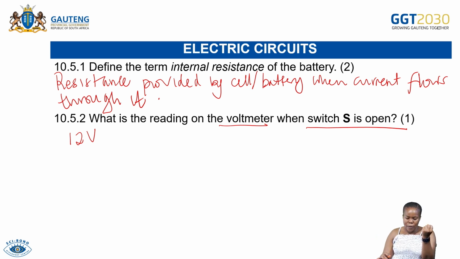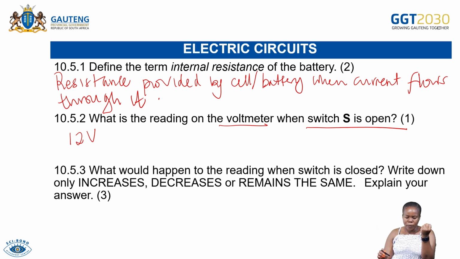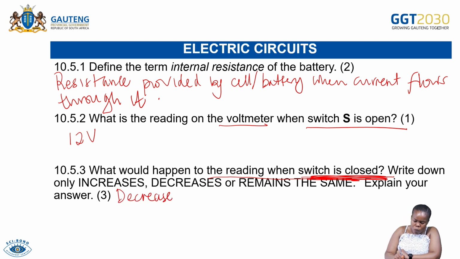What will happen to the voltmeter reading when switch S is closed? Write down increase, decrease, or remain the same. It will decrease. Why?